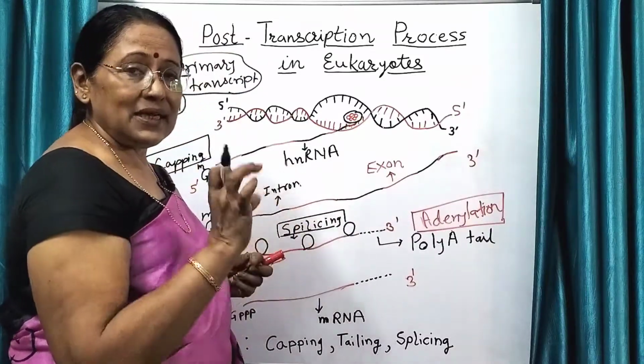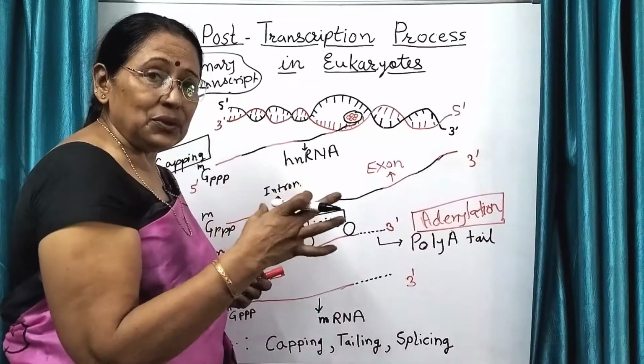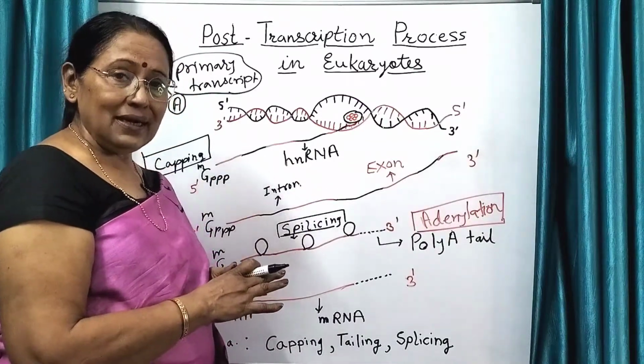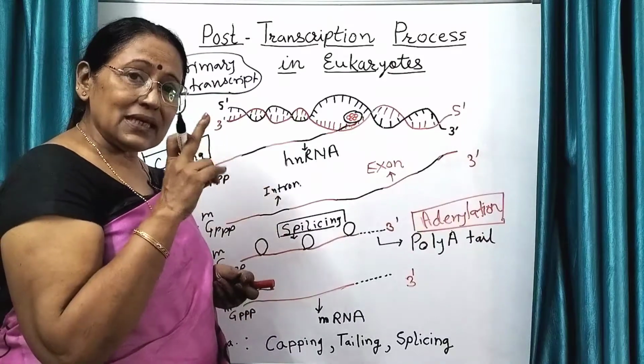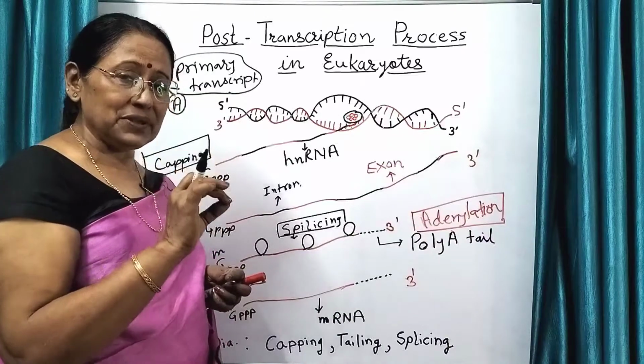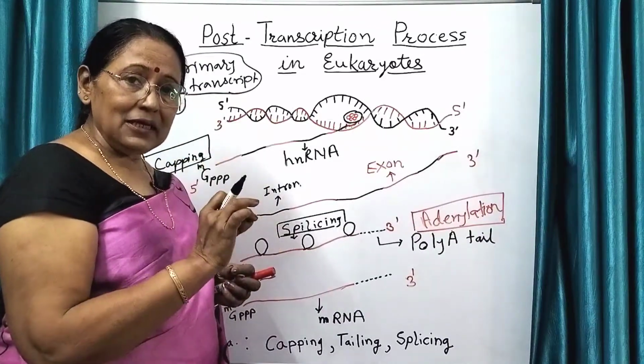By removing these introns, it changes from heterogeneous to homogeneous, containing only the exons and not the introns. This is one step of the post-transcription process, that is splicing.